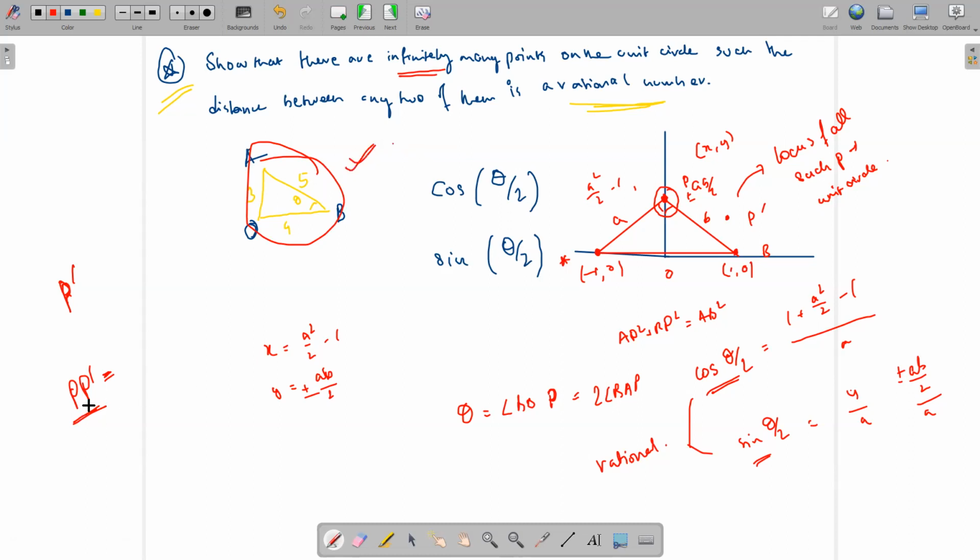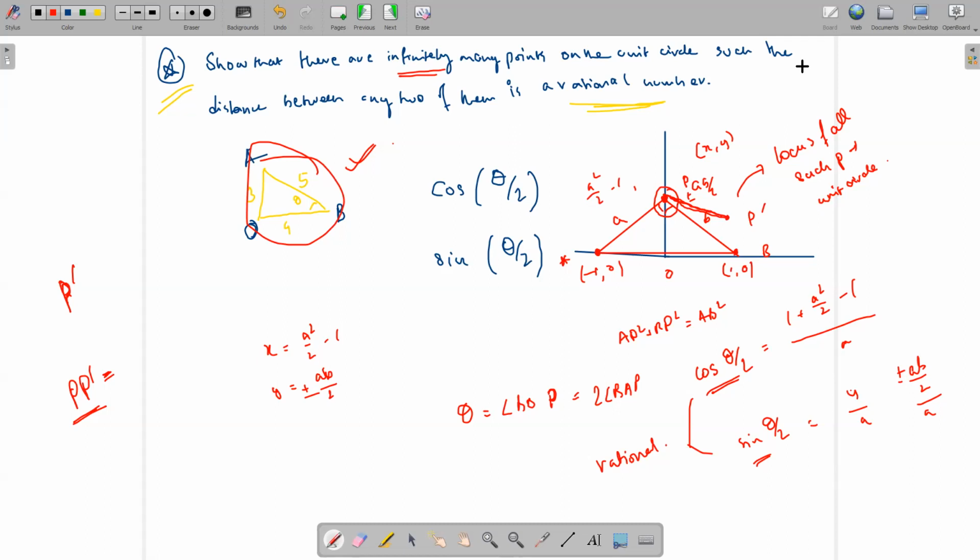If you take one more point p dash, what is this distance? Can you tell me that in terms of theta? Your solution is correct, but I want you to know the other solutions also.